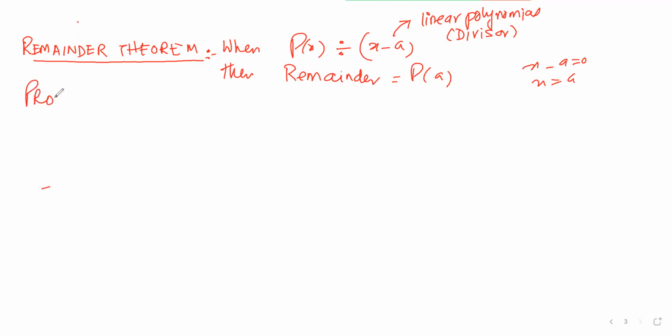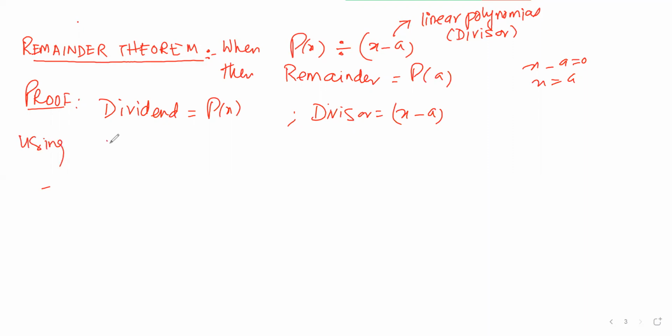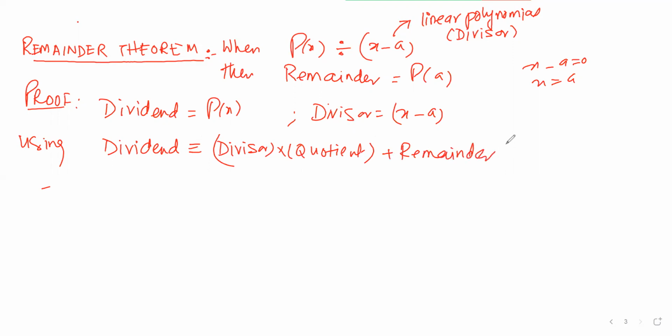So what is the proof? The proof is simple. In this case, the dividend is p(x) and the divisor is x minus a. I'm giving the proof using the identity that dividend is identical to divisor multiplied by quotient plus remainder.